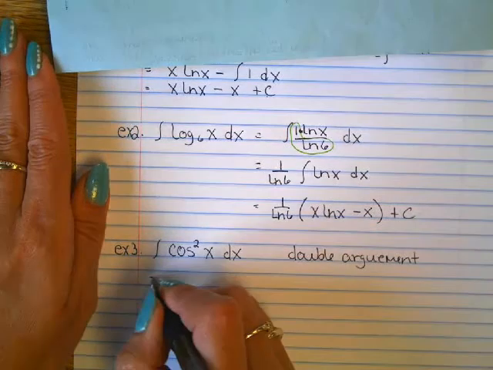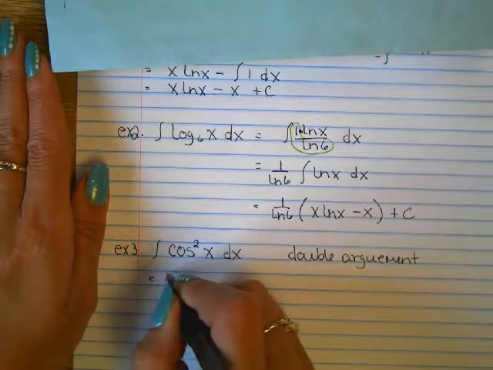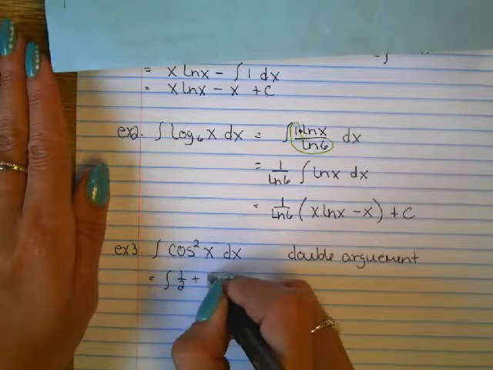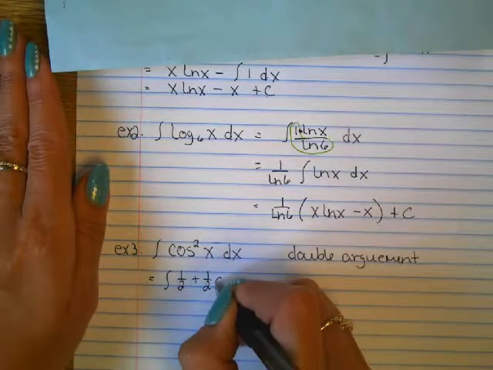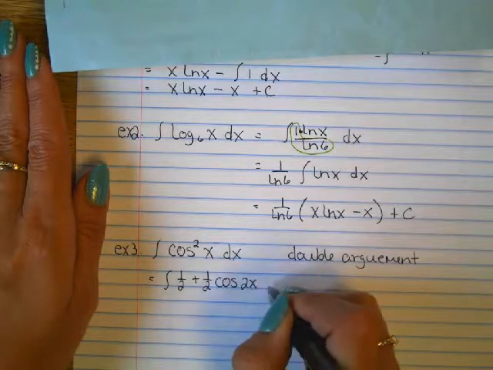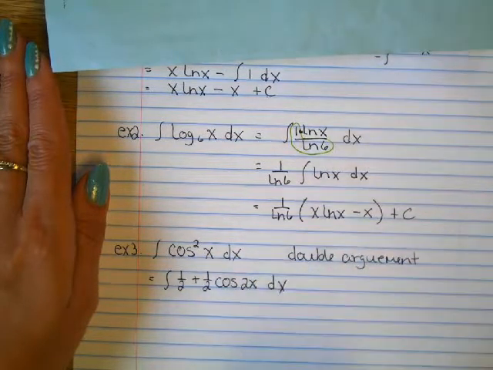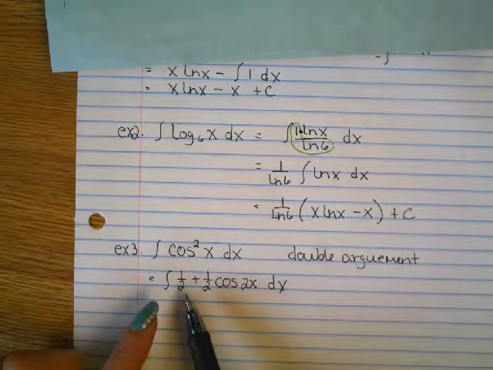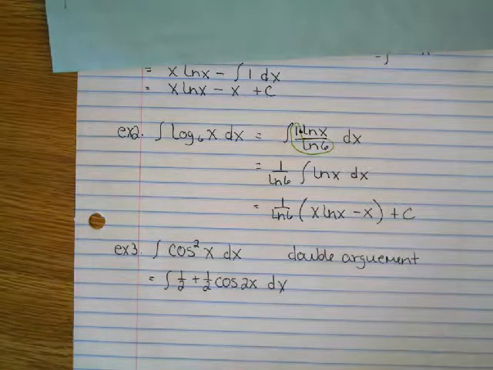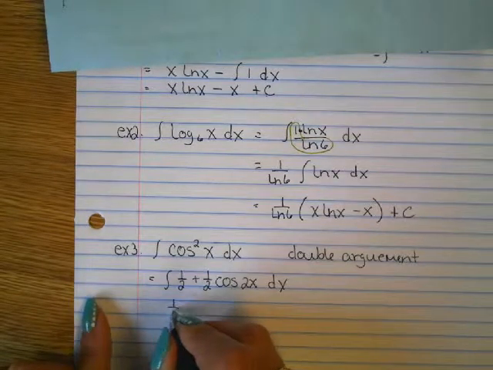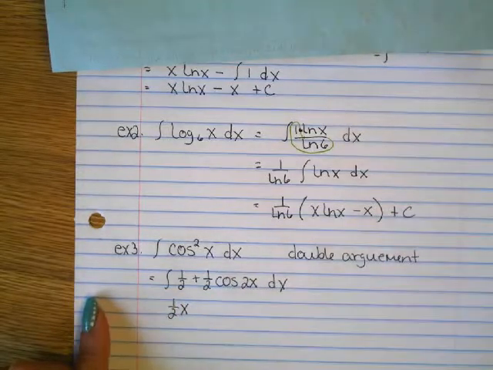So, rewriting this, I will have the integral of 1/2 plus 1/2 cosine, double that angle. Now this is something that we can do the antiderivative of each term separately. So the antiderivative of 1/2 is 1/2 x.